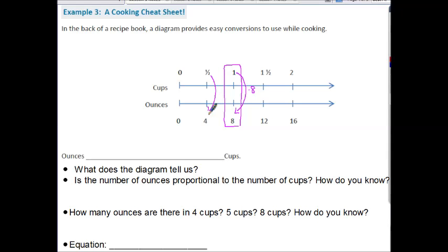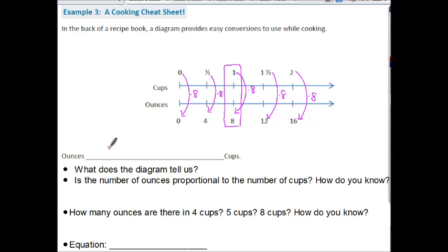So 1/2 times 8 does give us 4. 0 times 8 does give us 0. 1 1/2 times 8 does give us 12. And 2 times 8 does give us 16. So that confirms that this is a proportional relationship and that cups is proportional to the number of ounces.